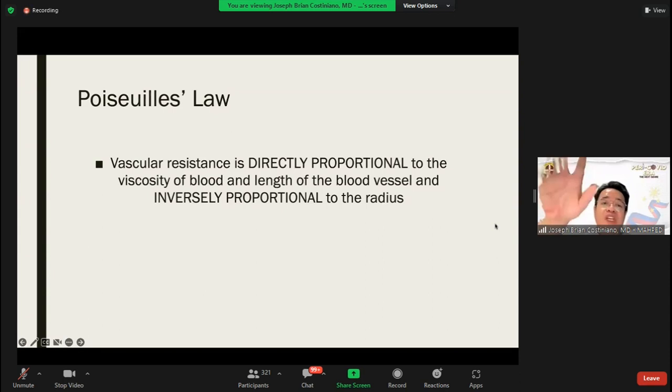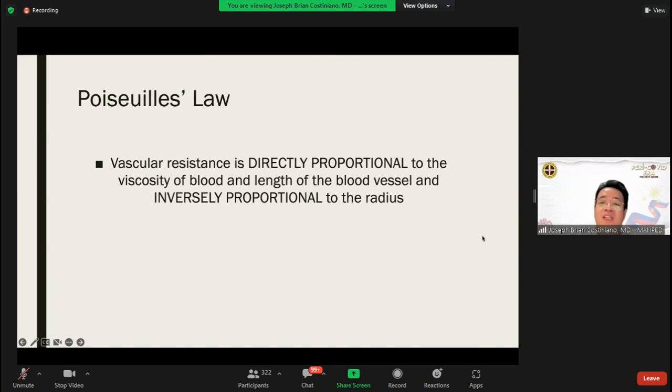And any changes in your vascular resistance will affect the afterload. And the afterload is your end systolic volume. And your end systolic volume will affect the stroke volume, and that will also affect the cardiac output, therefore ultimately affecting also your mean arterial pressure.